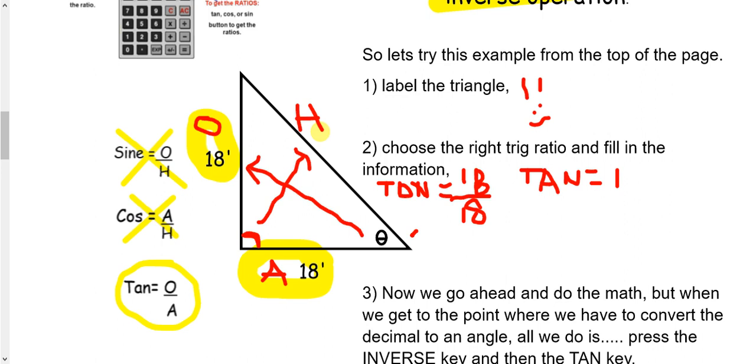Now, what do I do in my calculator? So I'm going to go second function tan 1, and I'm going to get, I'm sorry, 45 degrees.